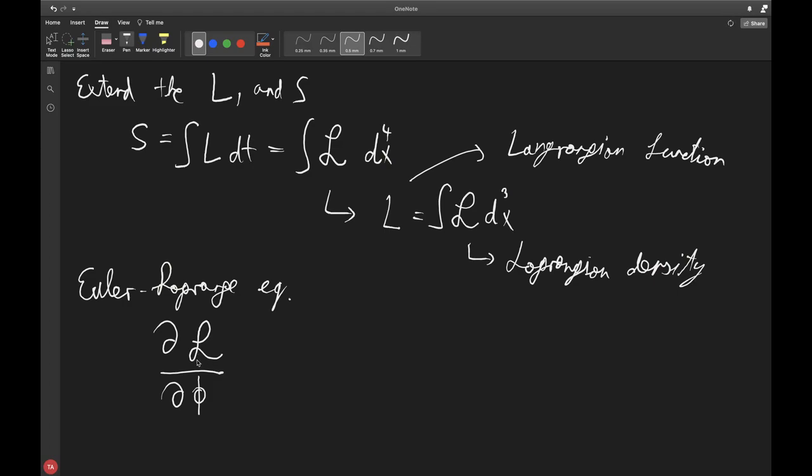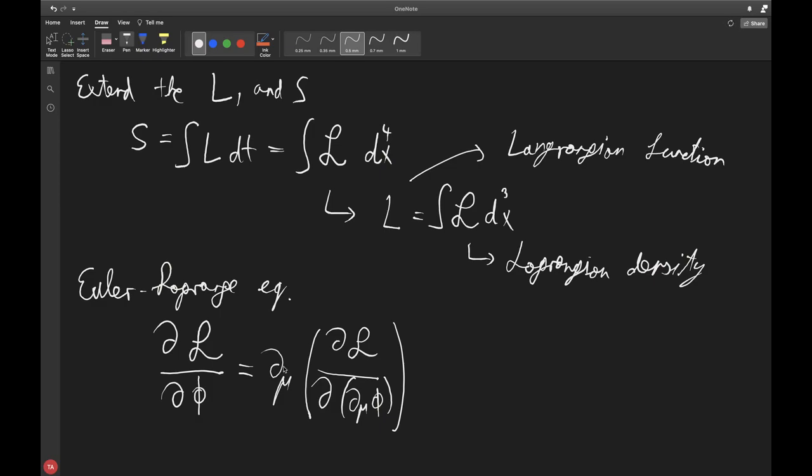Earlier we differentiated the Lagrange function by the coordinate, which was equal to the derivative of the Lagrangian by the derivative of q. Remember, q dot was here earlier. So now we have the derivative of phi denoted with just this notation. So we differentiate by a derivative, and then there was another derivative by the time earlier. So that is now this part.